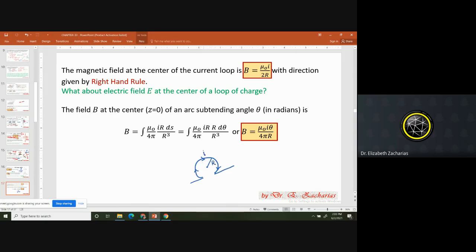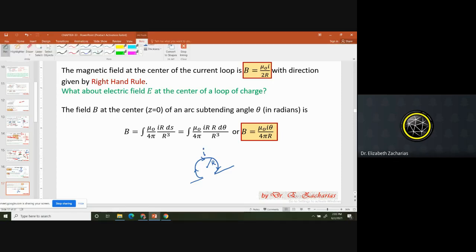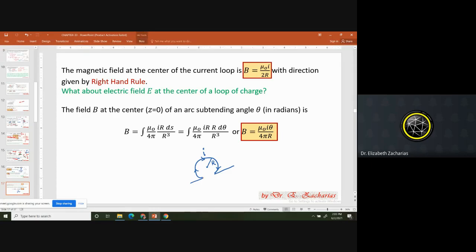The current is I. And it's not a complete circle. It is just an arc of a circle. So first we have to find out how much of the circle is there, which you can get by looking at what this angle is. Let this angle be theta.